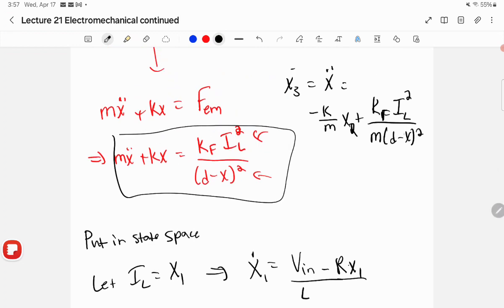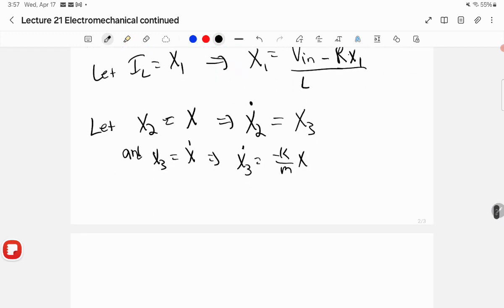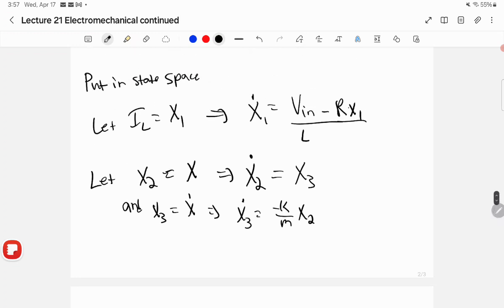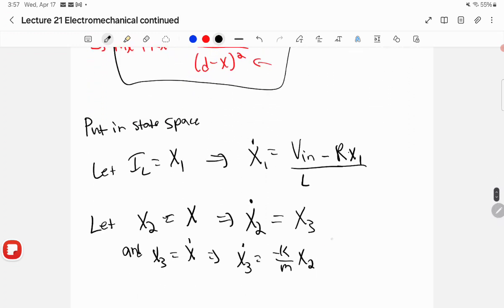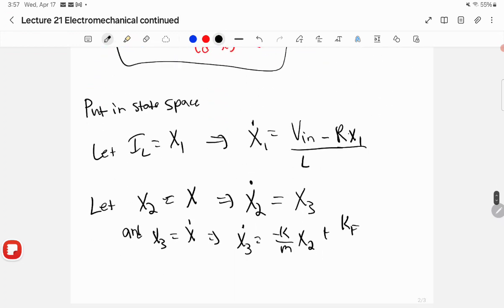Oh, sorry, x2. X is x2. So this is going to be minus k over m times x2, plus k f times IL squared over m times d minus x2 all squared.